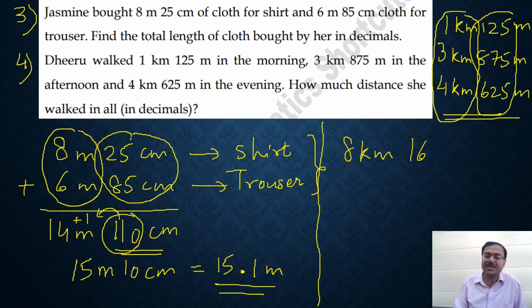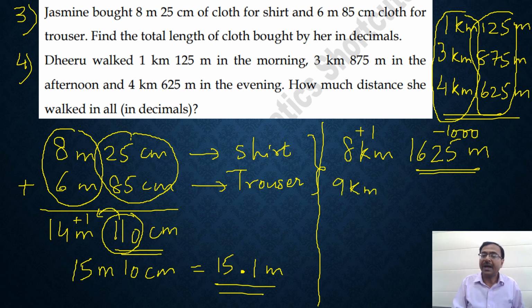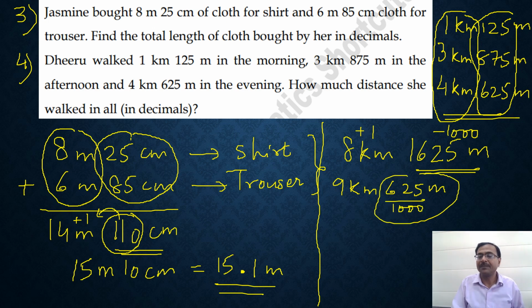So 1625 meters. Now since 1000 meters make a kilometer, I subtract 1000 from this and add 1 kilometer here, which gives me 9 kilometers and 625 meters. If you divide this part by 1000, you are converting it into kilometers.